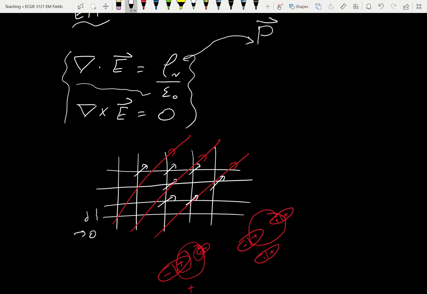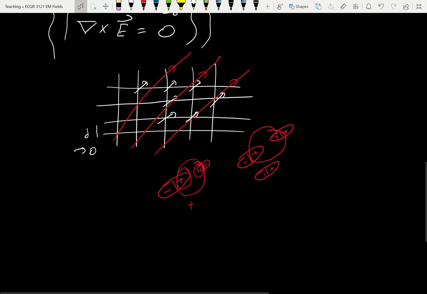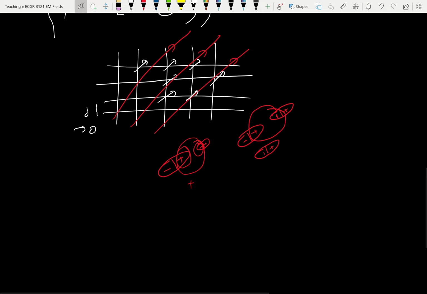That is the doorway, so to speak, to tie this polarization to what we already know about electrostatics, which is the two fundamental axioms. Okay, and that's why I talked about the voltage that arises due to a dipole.